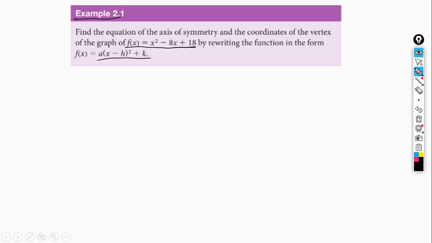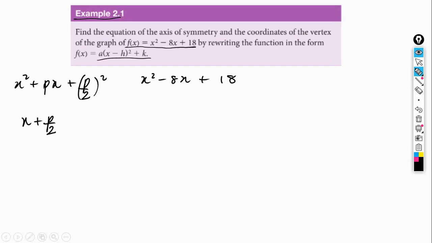So notice that if we have x squared minus 8x plus 18, recall from the previous slide, we had that the quadratic functions in this form, x squared plus px plus (p halves) squared, are the expansion of the binomial (x plus p halves) squared.